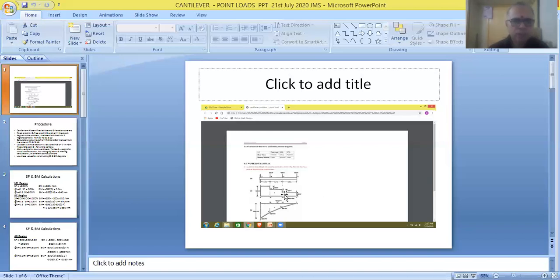The first one is called the shear force diagram, and the second one is referred to as the bending moment diagram.